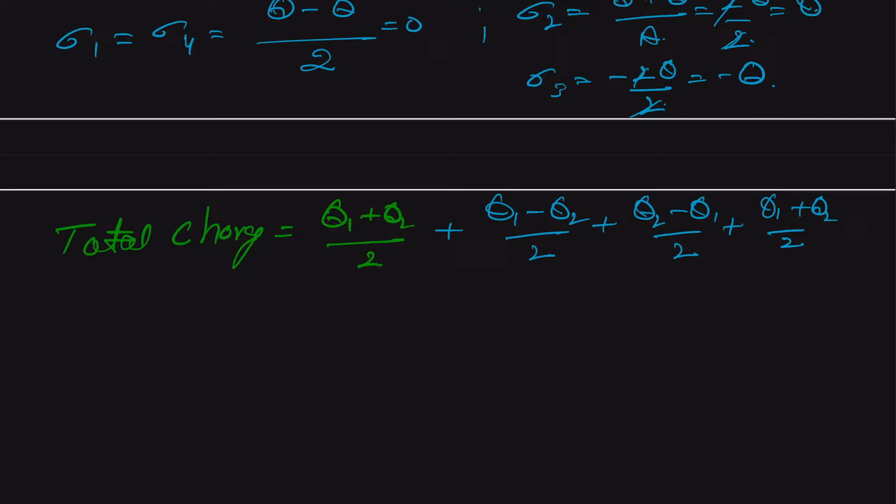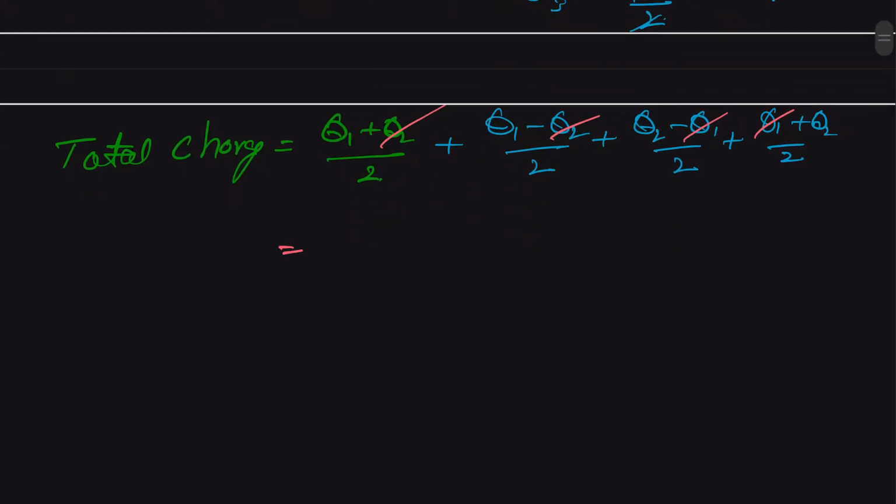So we can clearly see that if we take our LCM, this plus, this minus, this minus, this plus, it goes away. And we are left with twice Q1. So you can say this is (Q1 plus Q2)/2. 2 and 2 goes away. This comes as our Q1 plus Q2.